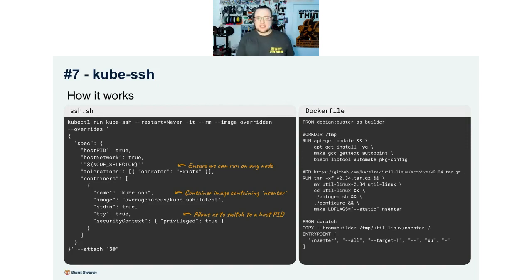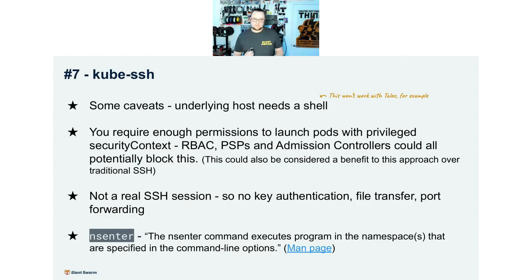And then we'll set the image that we want to use, set it to privileged, host PID, host network, all that kind of thing. So we're then running as close to the host machine as possible. What that's then running is this Dockerfile on the right. All this Dockerfile is pretty much building this ns-enter command. We're then using that to piggyback onto the node underneath.